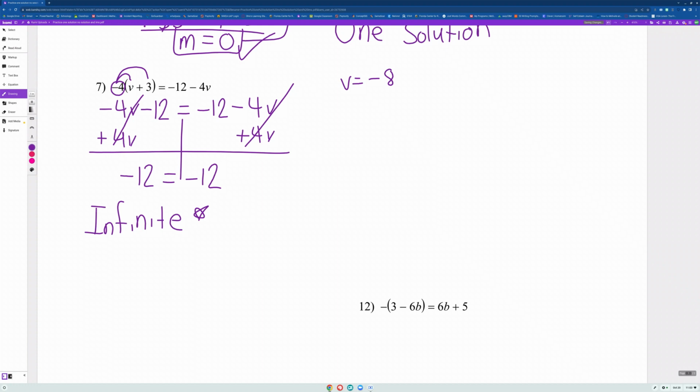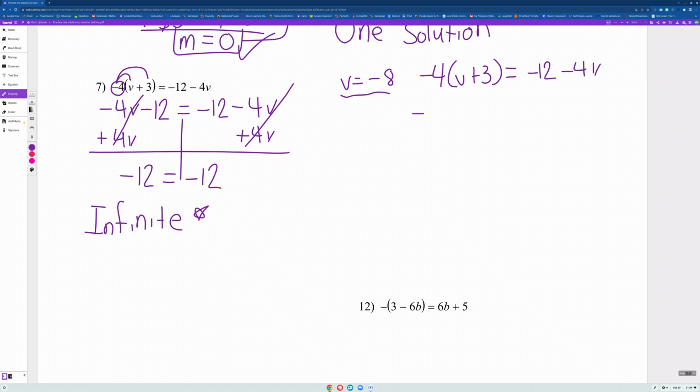So again, just rewrite my problem. So I'm going to go ahead and put -4(v + 3) is equal to -12 minus 4v. Now instead of v, I'm going to plug in -8.